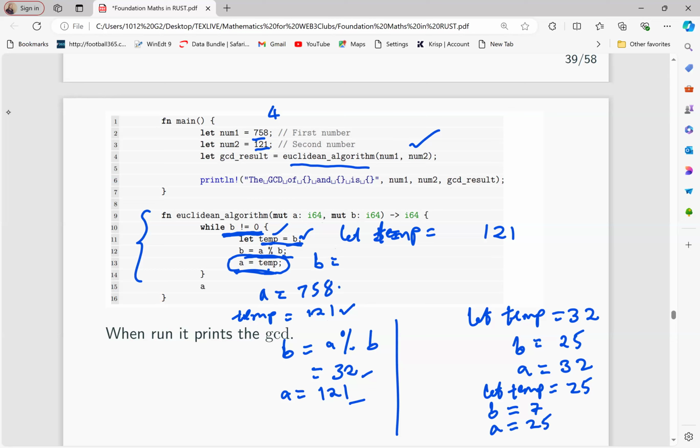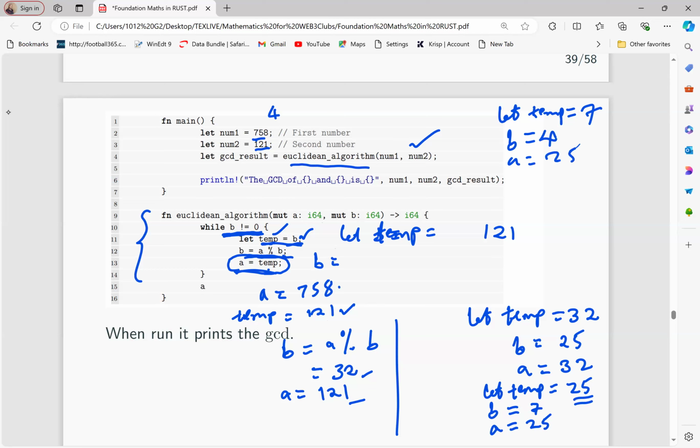So again, we proceed and say let temp be the B which is now 7. What is B? B is the remainder of A, which is 25, on division by 7, and that remainder is 4. And A becomes the number which was temporary.